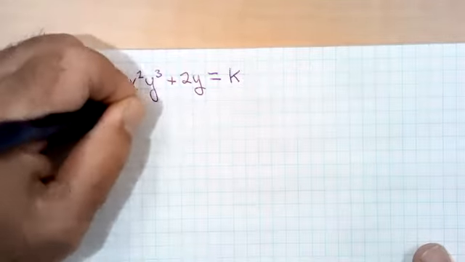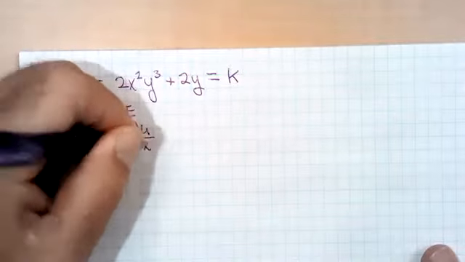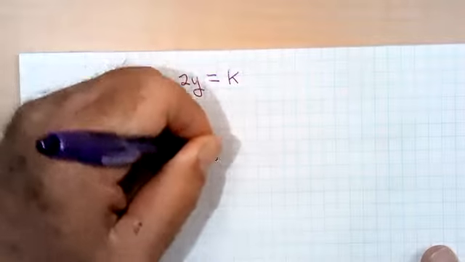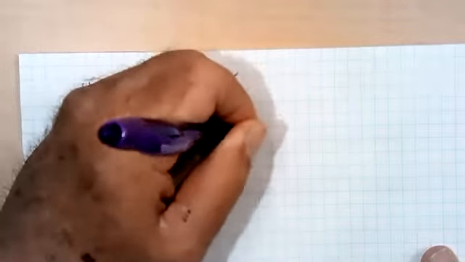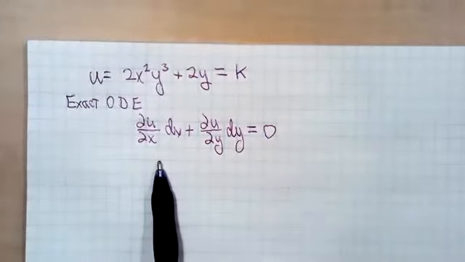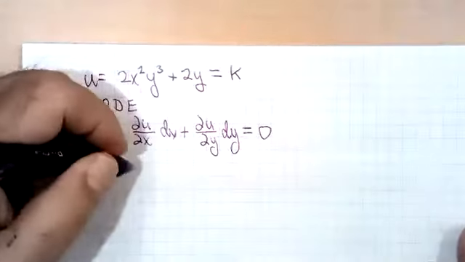The exact ODE would be this. It's just a formula. Partial u with respect to x dx plus partial u with respect to y dy equals 0. So if I were to create an exact ODE from this function, it would be this.